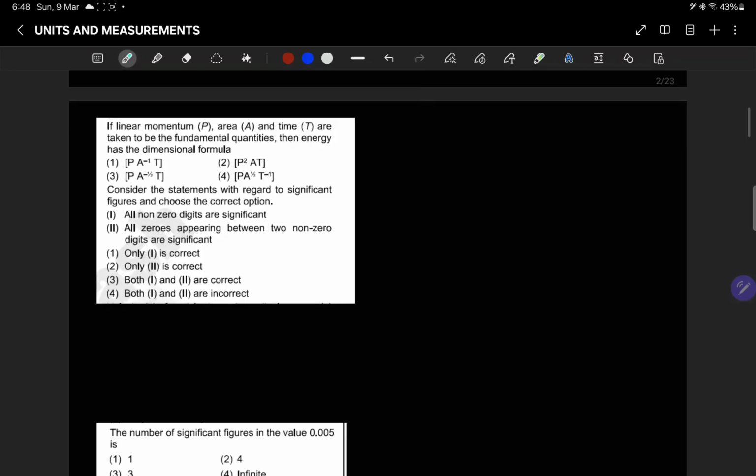Next question, students. If linear momentum P, area of cross section A and time T are taken as fundamental quantities, energy has the dimensional formula. Very important. Same model questions we discussed above. Energy is directly proportional to momentum P to the power of X, area of cross section A to the power of Y, time T to the power of Z. Energy is nothing but M L square T power minus 2.